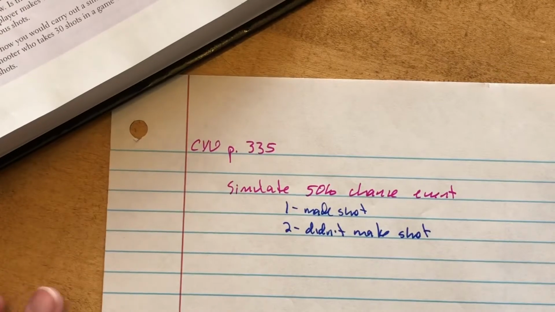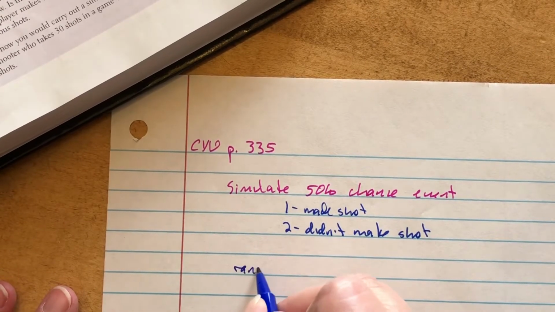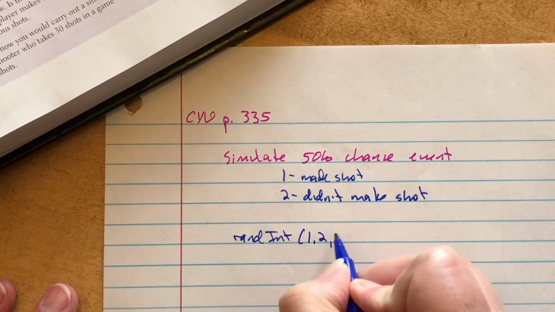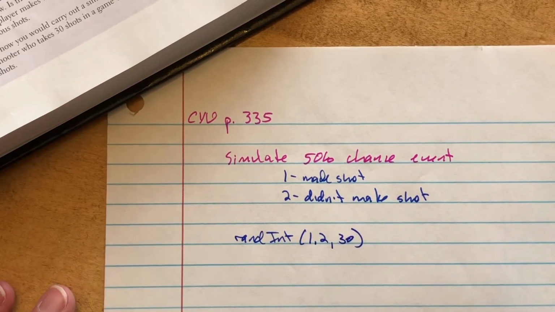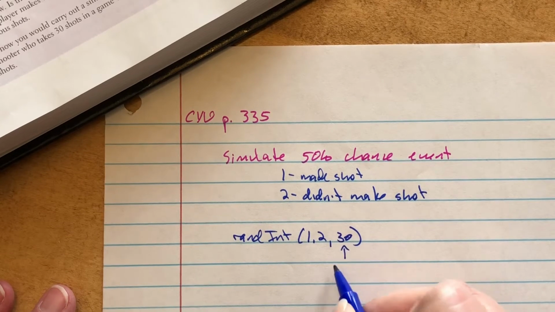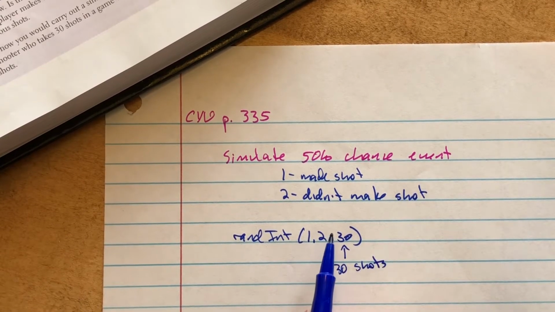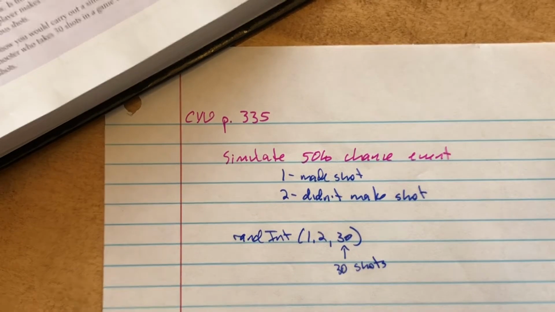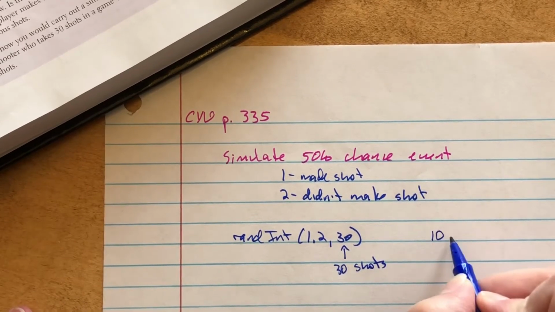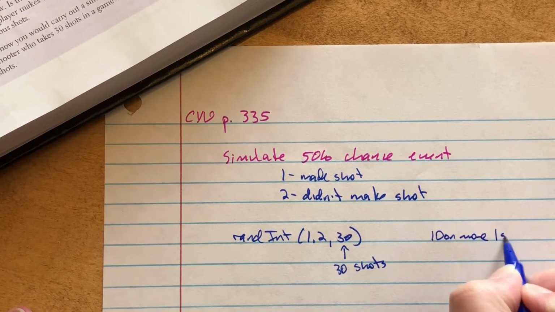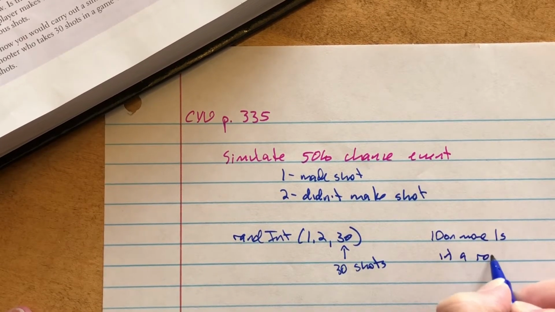So I'm going to do randInt from 1 to 2, 30 times. This represents my 30 shots, and again, a 1 means I made the shot, a 2 means I didn't. I'm looking for 10 or more ones in a row. That would be considered a success.